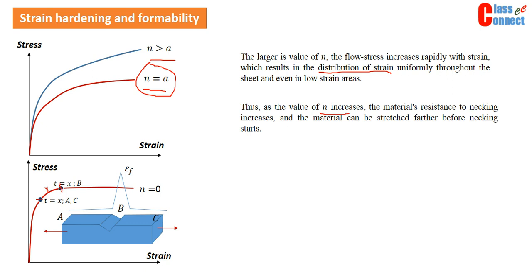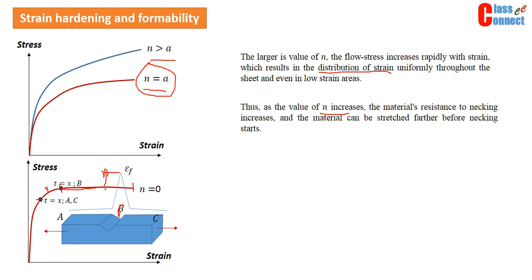Once this point is reached, further deformation doesn't need any additional load. So this point B will be elongating without any additional load, and finally it will fracture at some point. It means that this point B will have this much strain.